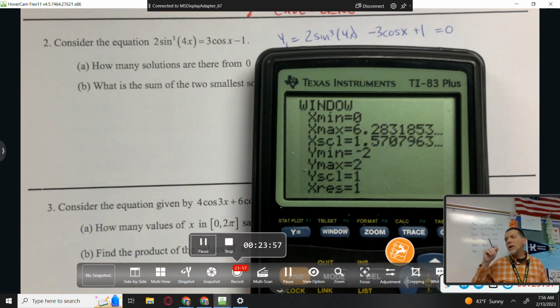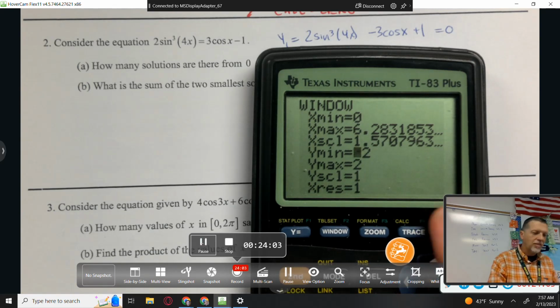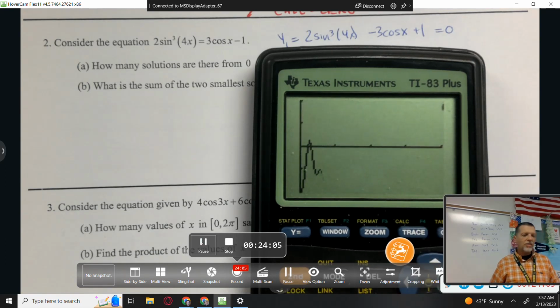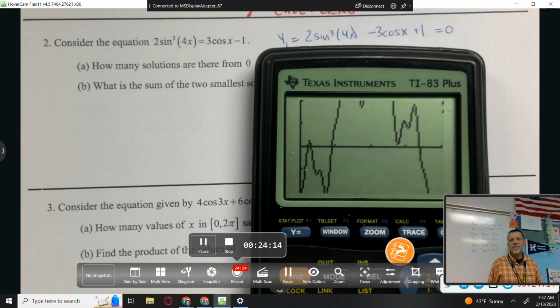So if you're worried about your y window, that's one way to do it, is to look at the coefficients. If you're not worried about it, then you can just leave it -2 to 2. I'm not going to see everything, but I don't really need to see everything. All I care about is where does it cross the x-axis. Okay, that's a weird one.